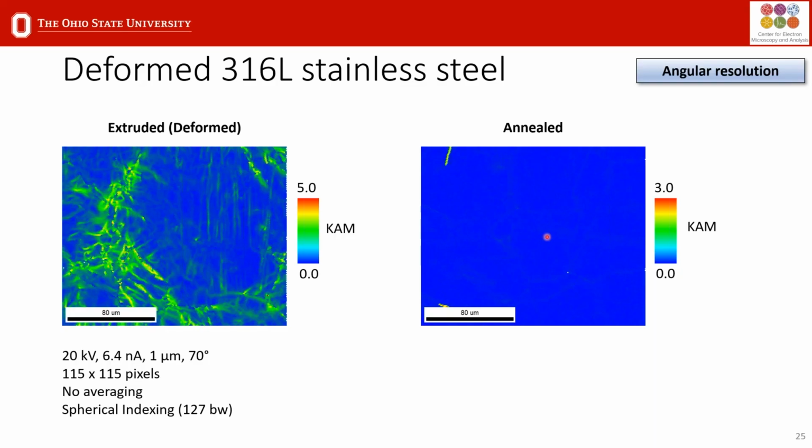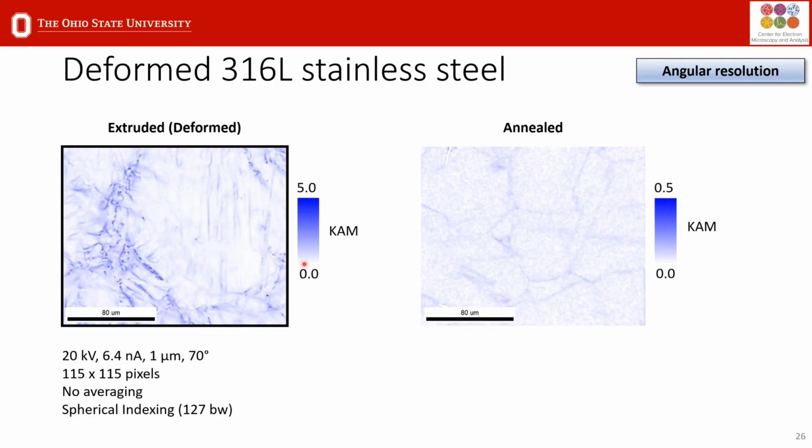There are other methods. Usually people apply smoothing functions to improve it, but in this case, it's much better to index the real patterns to determine the true orientations, and then do as little as possible of the smoothing functions that will artificially improve the EBSD analysis.